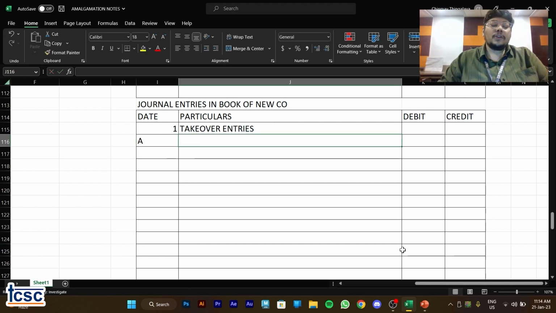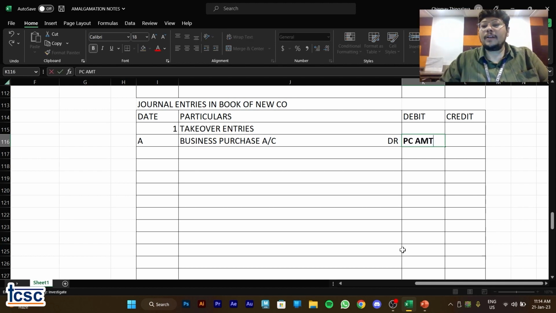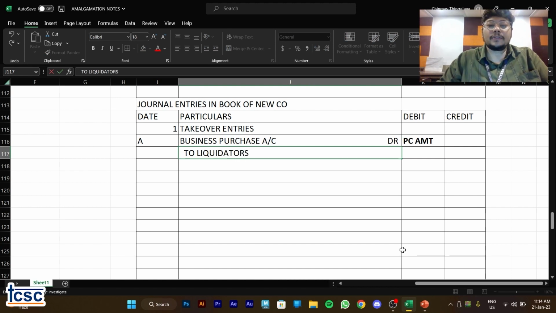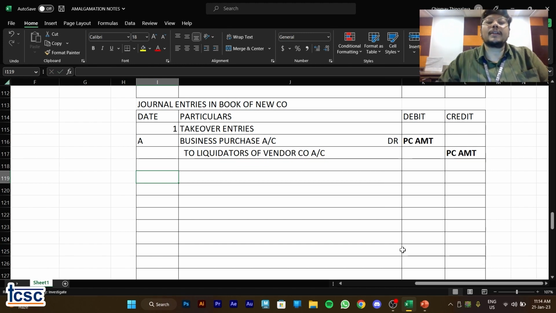Since we are going to purchase the business of another party, a vendor company, business purchase account debit. I have purchased the business, so business purchase account debit the PC amount to the liquidators of vendor company account, and the amount which we are supposed to post on debit and credit side is our purchase consideration amount, which we have taken into consideration while calculating step number 1.